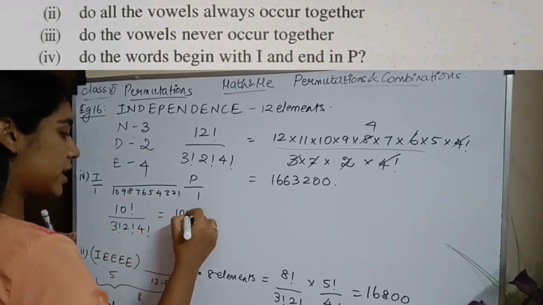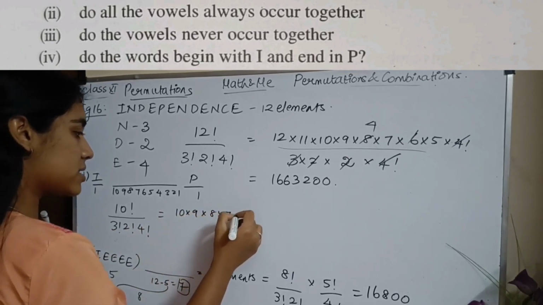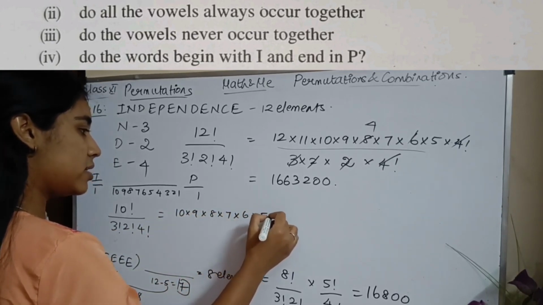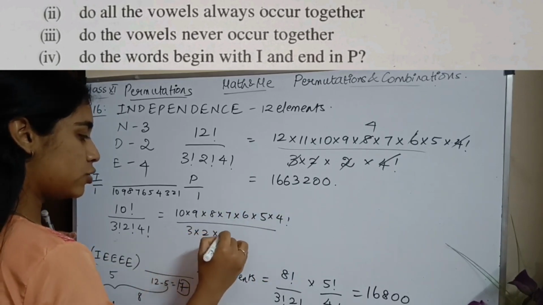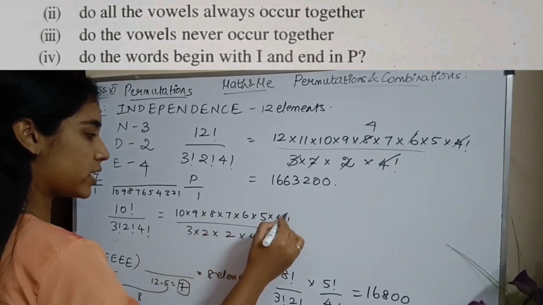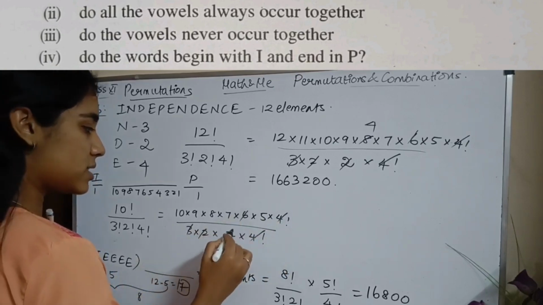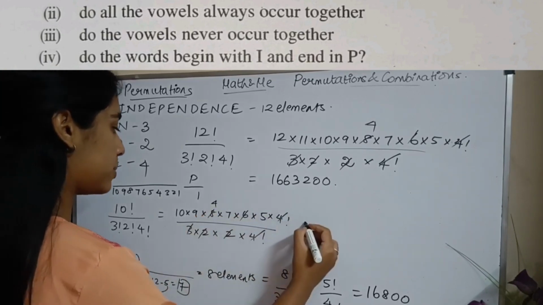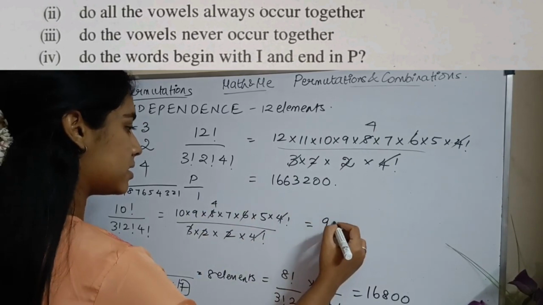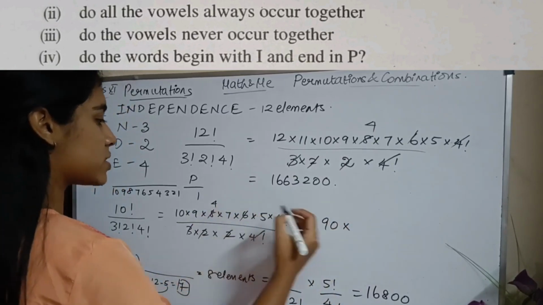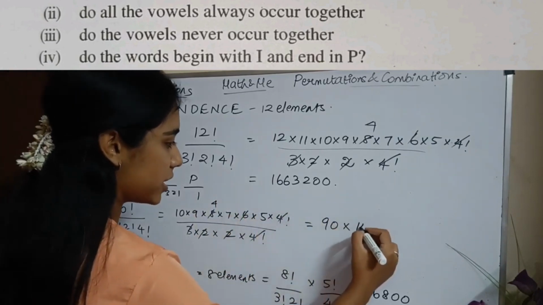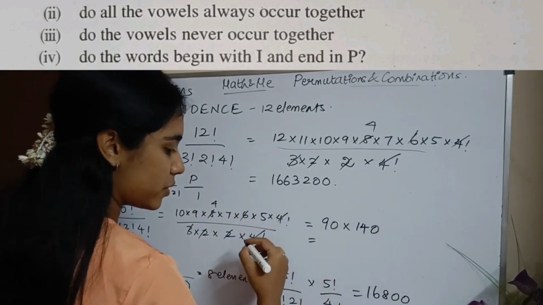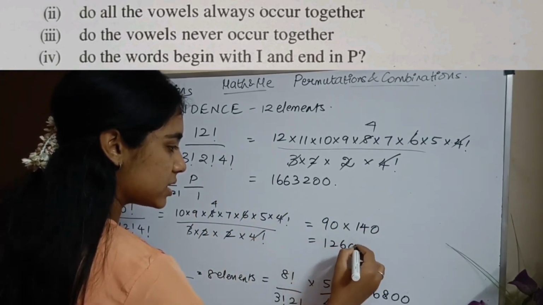So this will be 10, 9, 8, 7, 6, 5, 4 factorial divided by 3 factorial, which is 3 into 2, 2 factorial is 2, and 4 factorial cancels. 3 2s are 6, 2 4s are 8, so I will be left with 10 9s are 90 times 7 4s are 28, or I can do 5 4s are 20, 20 times 7, 140. So it will be 90 times 140, which will be 12600. Okay.